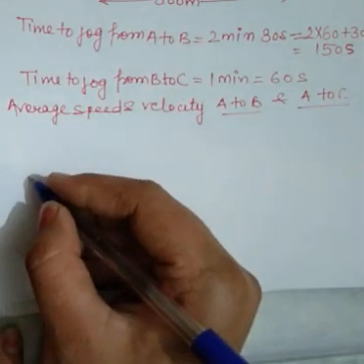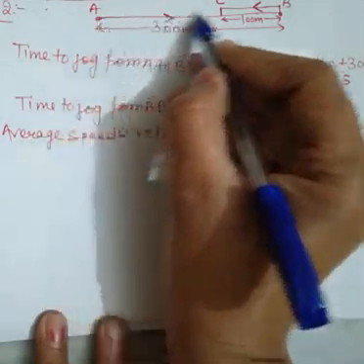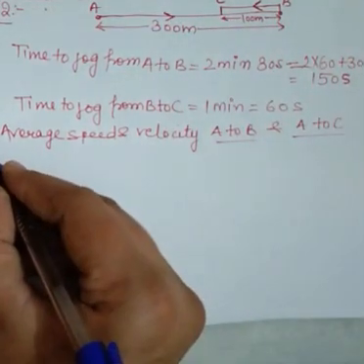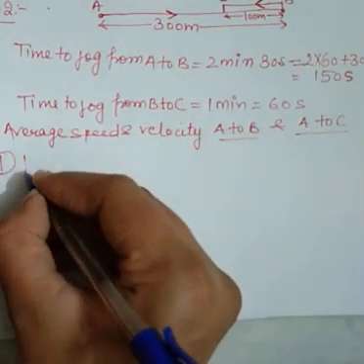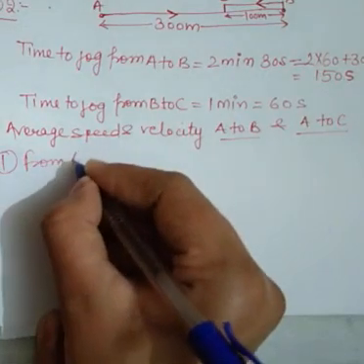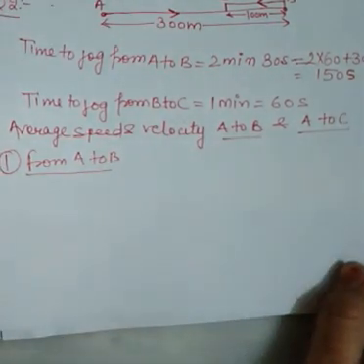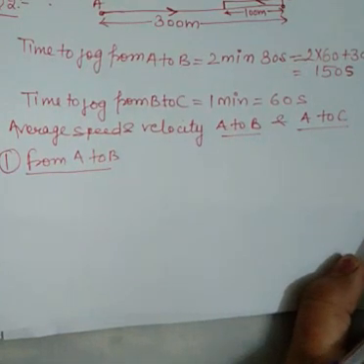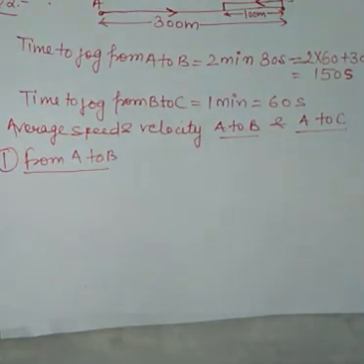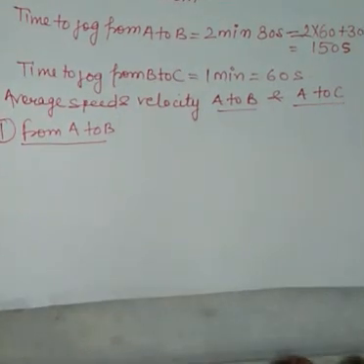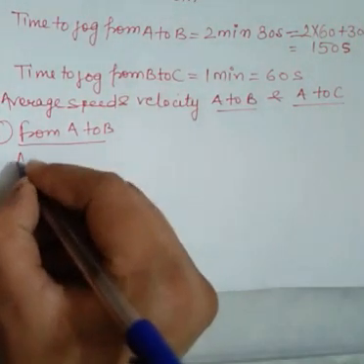So from A to B. While going from A to B, I am considering the first path from A to B. Average speed. Dear students, what is the formula for average speed? Total distance upon total time.